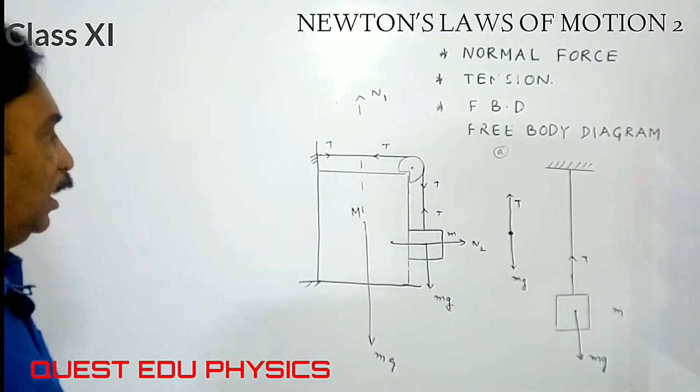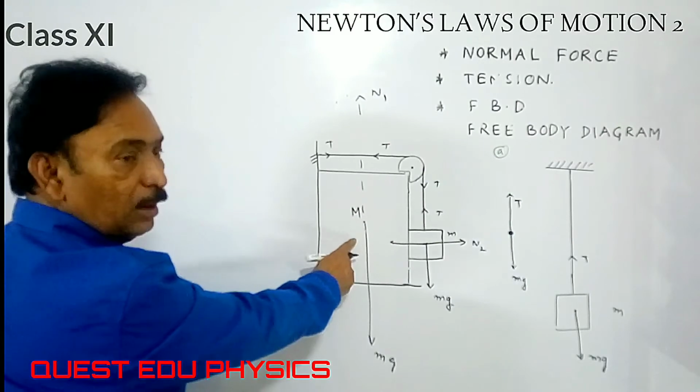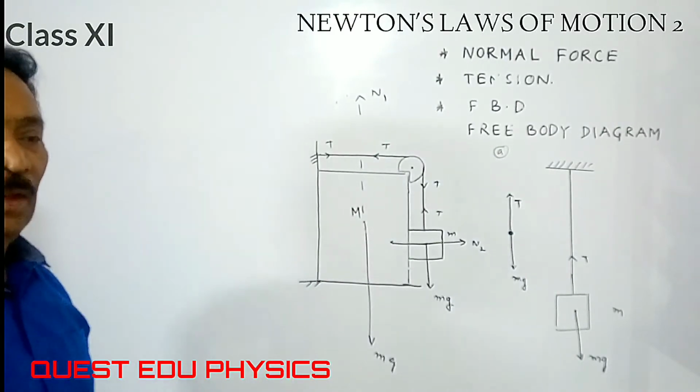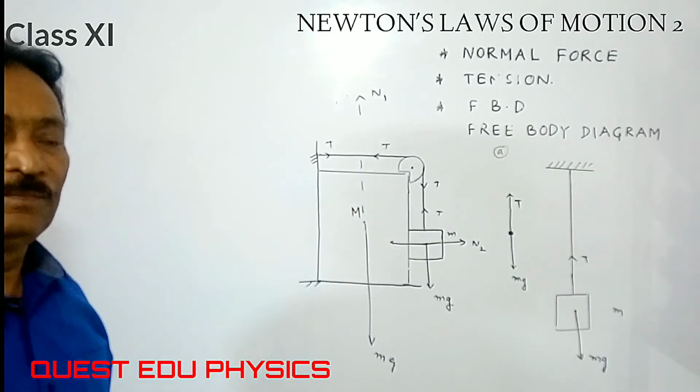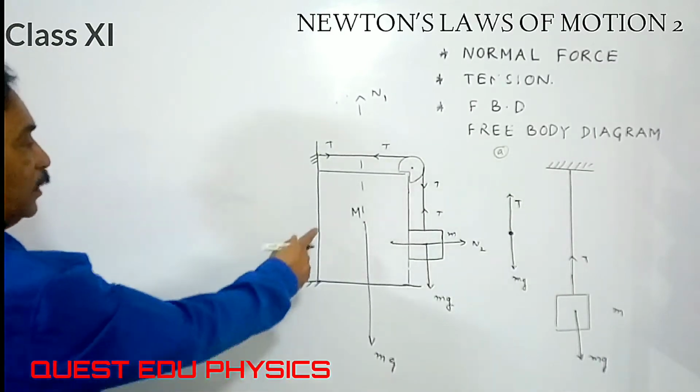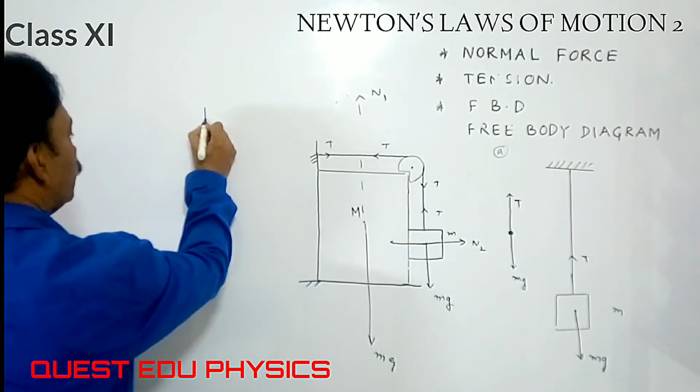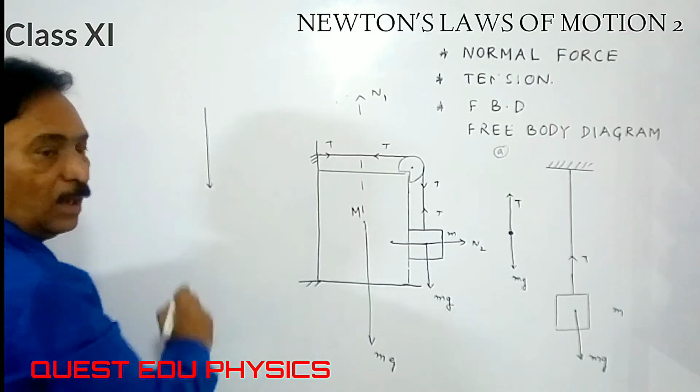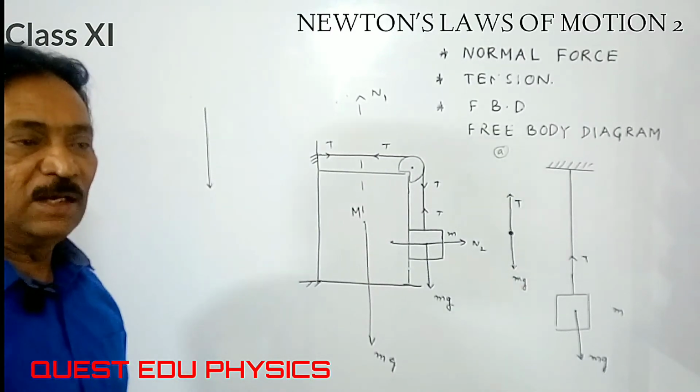If you draw the free body diagram for this mass, what will we draw? See, this is the weight of the body which is acting vertically downwards.